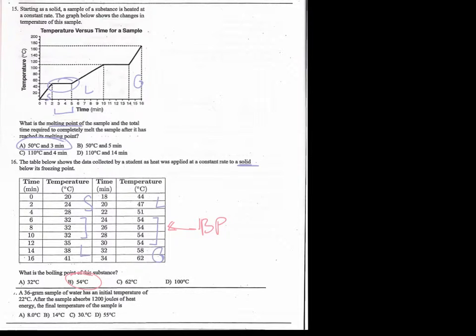A 36-gram sample of water has an initial temperature of 22 degrees Celsius. After the sample absorbs that, final temperature. Alright. Another Q equals mcΔT. 1200 joules is our Q. Mass is 36.